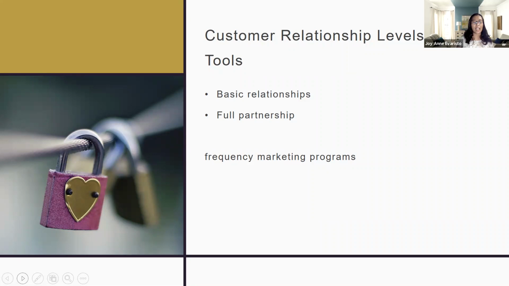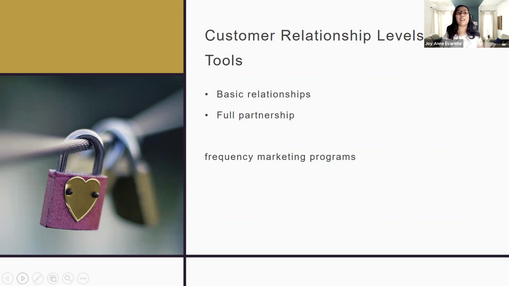For example, Tide may have two markets: a final consumer and an intermediary. A final consumer buys their product for their own consumption. For example, your mother will buy a detergent so that she could do the laundry, or you yourself will buy a detergent so that you could do your laundry.